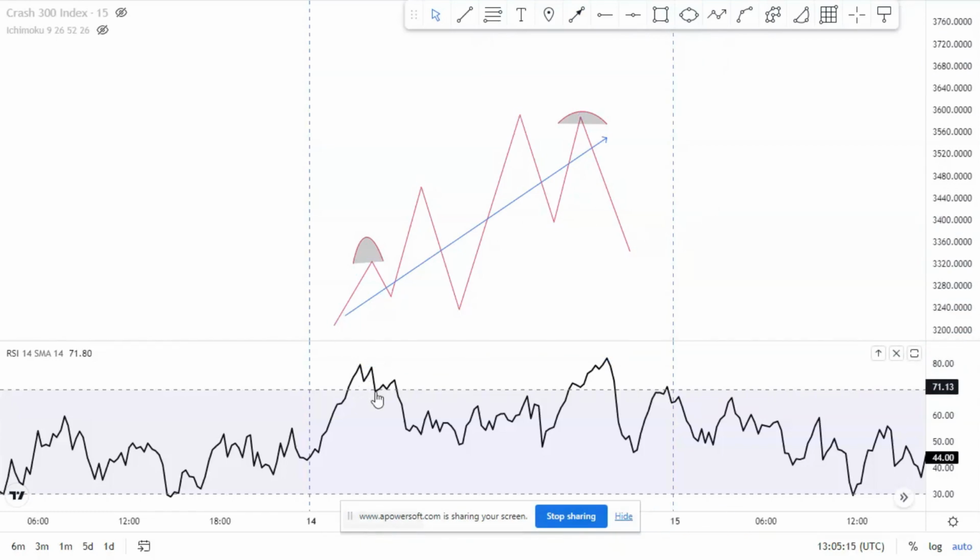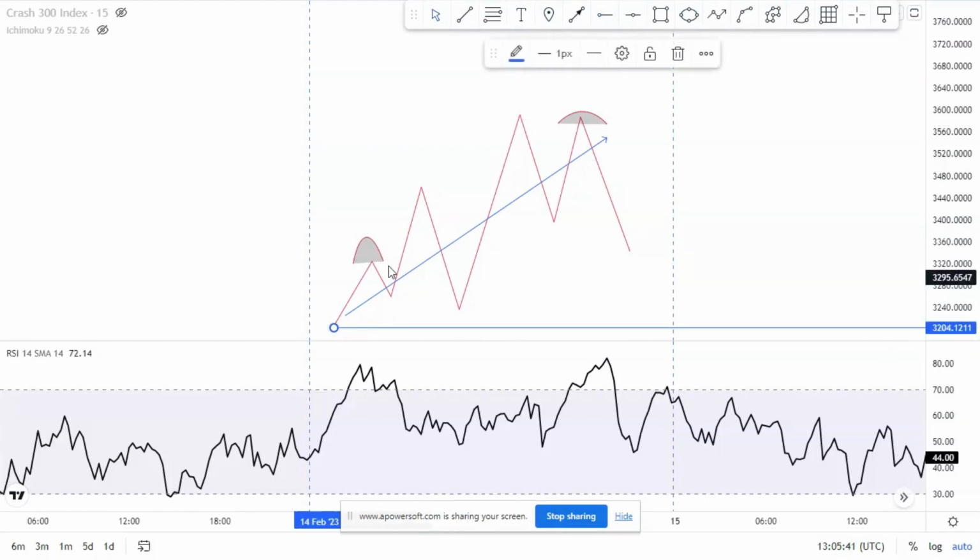Now, the first time we pulled, we went into the overbought. This was a pullback. But if the RSI is showing that these points are fairly equal, then most likely this second point is going to be a reversal. That's when you win big most of the time, when you target the original move that created this point.